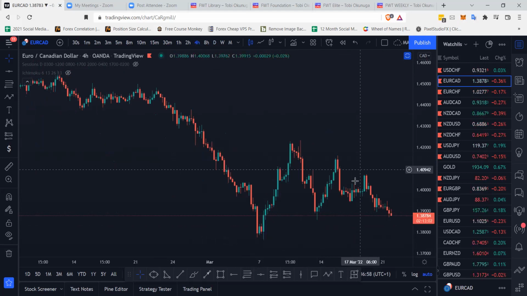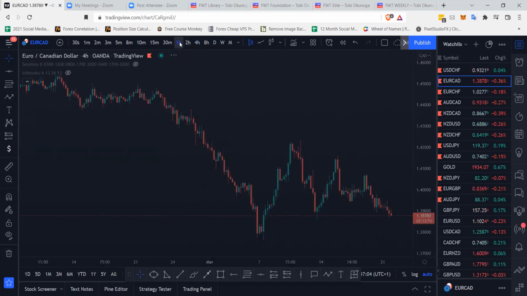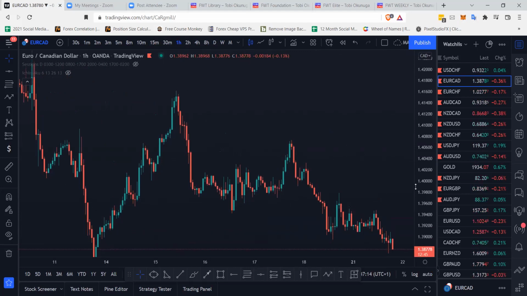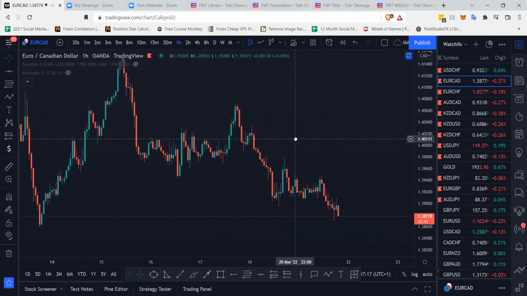No buy setup on 4 hours. Still going down. Okay, so nothing yet, honestly. So on EuroCAD, you want to look for a buy setup or a continuation of the strong move down.